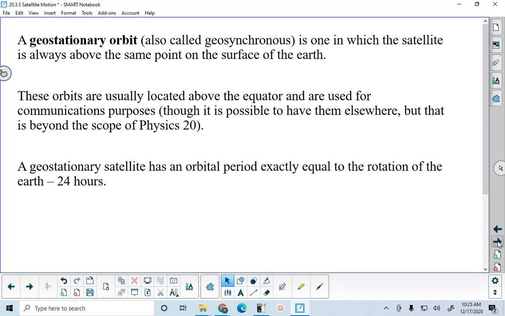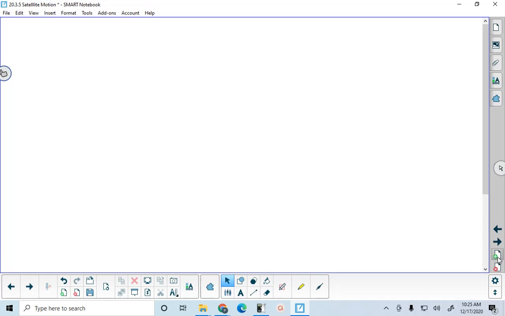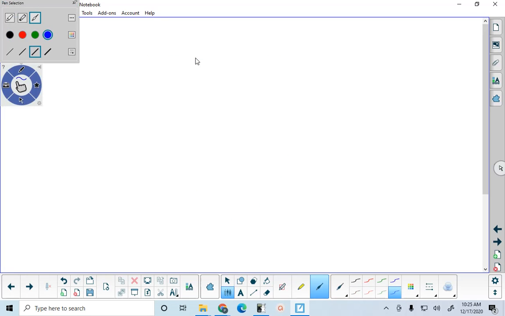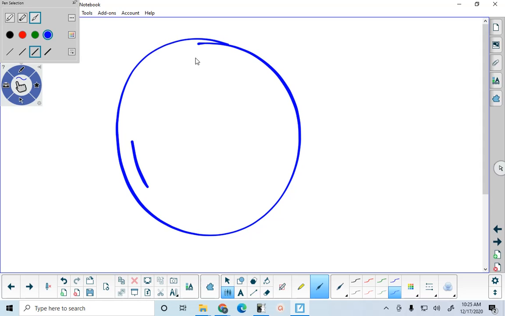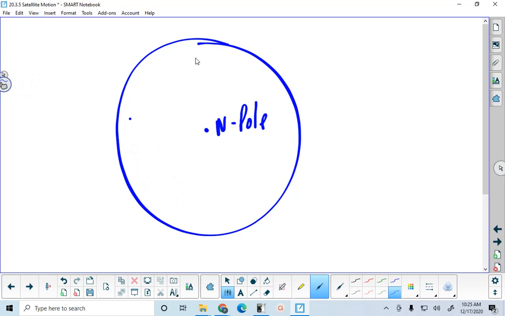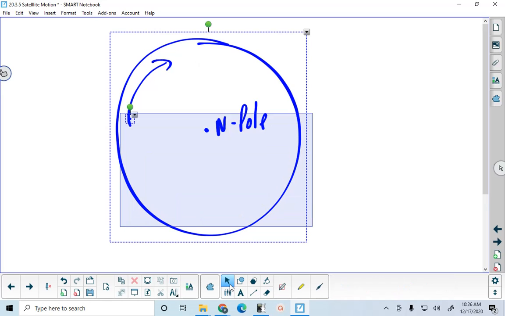So what happens is I'm going to draw the Earth here from the North Pole down. So this is the Earth, this is the North Pole. It's where Santa Claus lives. And what happens, of course, is the Earth, be careful here, probably have my rotation wrong, it doesn't matter, the Earth spins. So this whole thing spins.